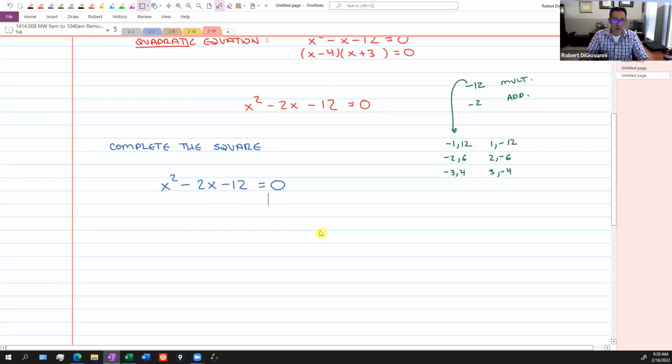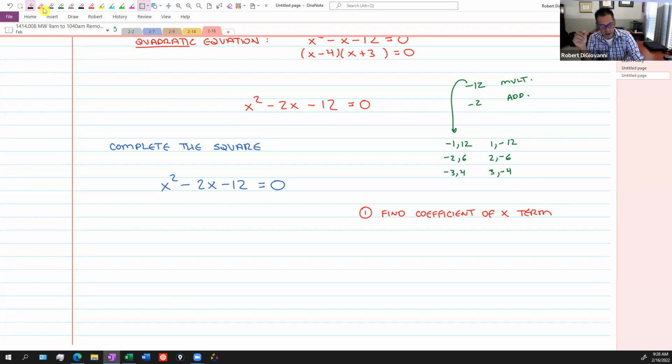So the first step for completing the square, all right? The first step is we are going to look at the number in front of the x term, okay? So find the coefficient of the x term. In this particular case, what I'm doing here is on the right side, I'm giving you the steps.